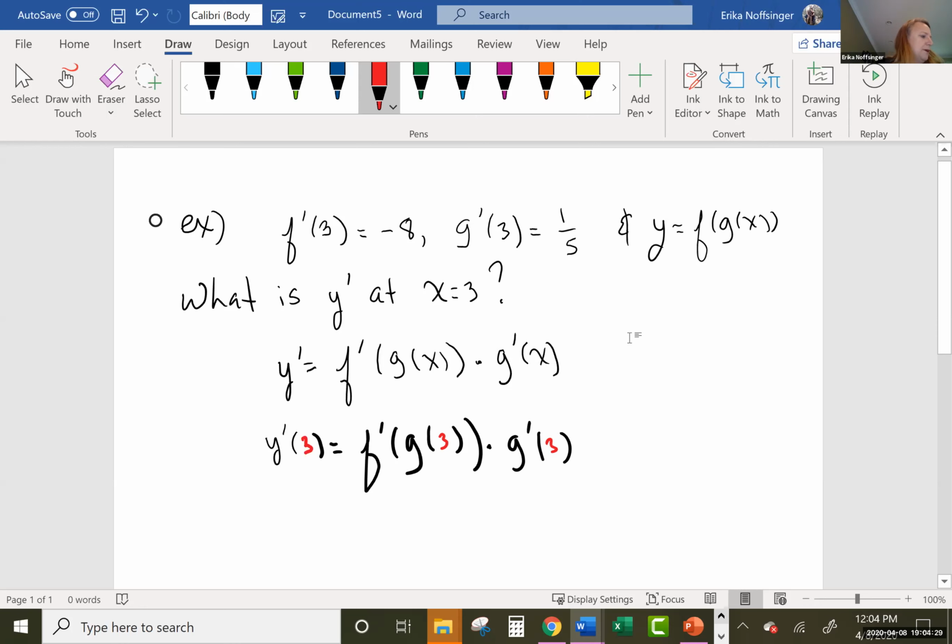I missed one piece of information, that g of 3, so this was in the problem itself, g of 3 is equal to 3.